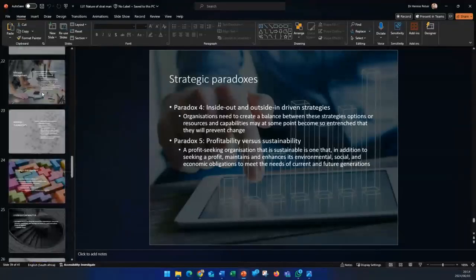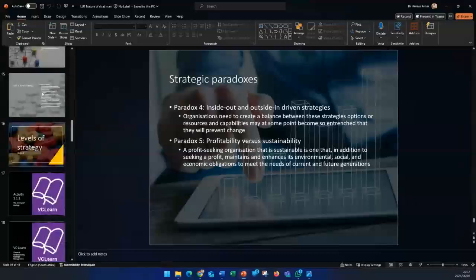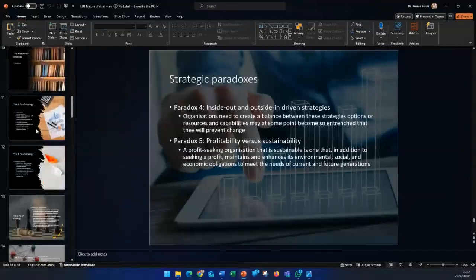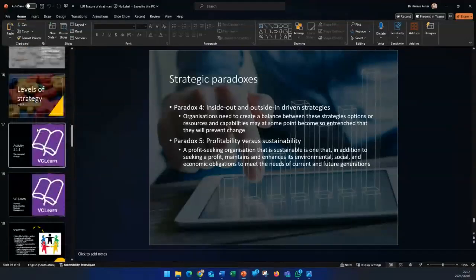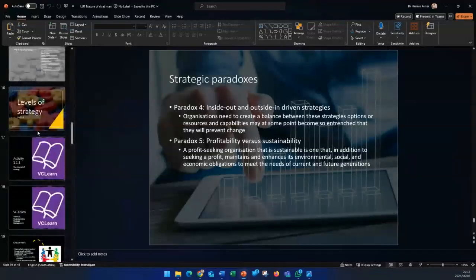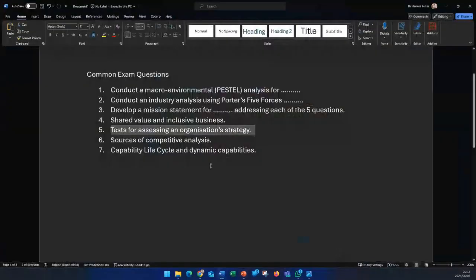You will definitely see one of those. Okay, so the 5 Ps of strategy, the 5 paradoxes, and those tests. So for me, once I've sorted out these priority ones, once I've got the non-negotiables into my head, those are the kinds of things that I would look at.